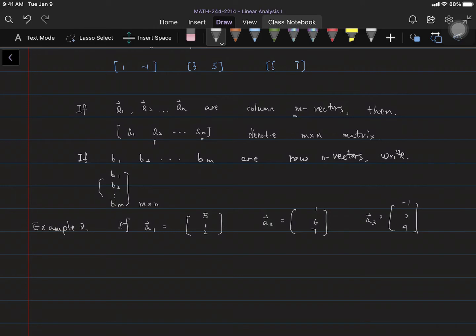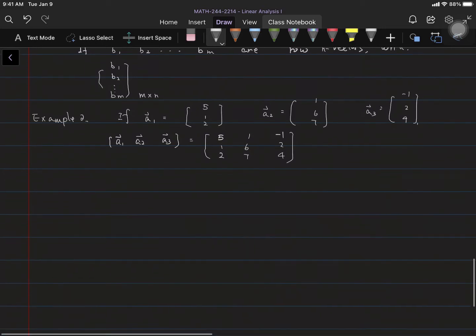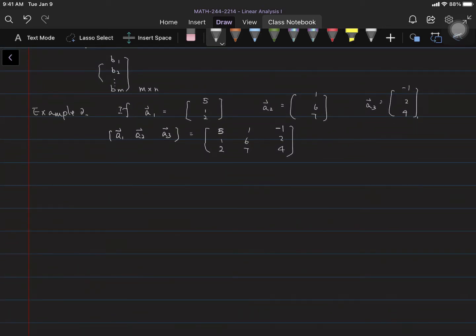So let's see, those A1, A2, A3 are all column vectors. If we put them together like A1, A2, A3, we can get a matrix: 5, 1, 2 as the first column, 1, 6, 7, and -1, 2, 4. Something like that. Okay, pretty easy to understand, right? We can skip the exercise, pretty easy.